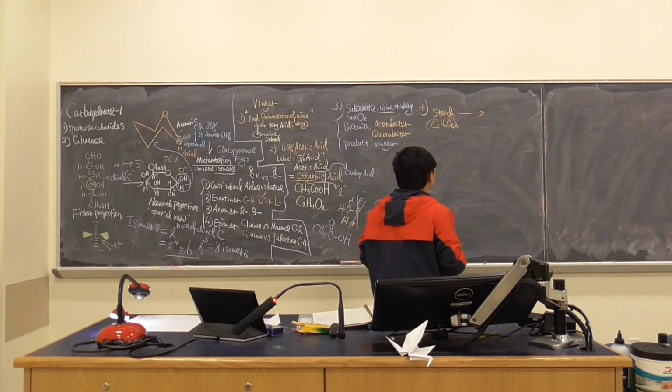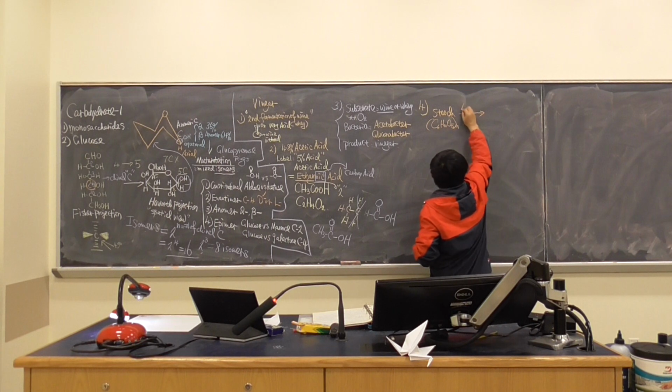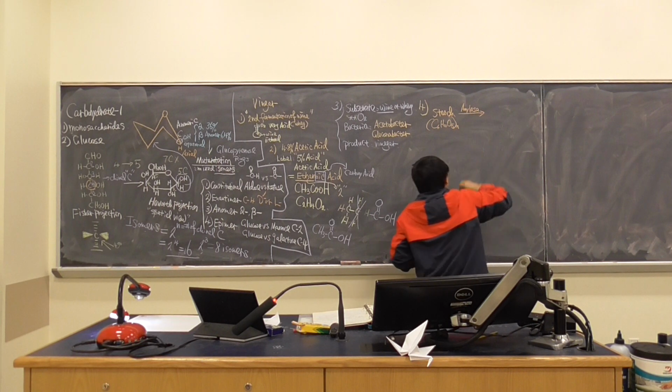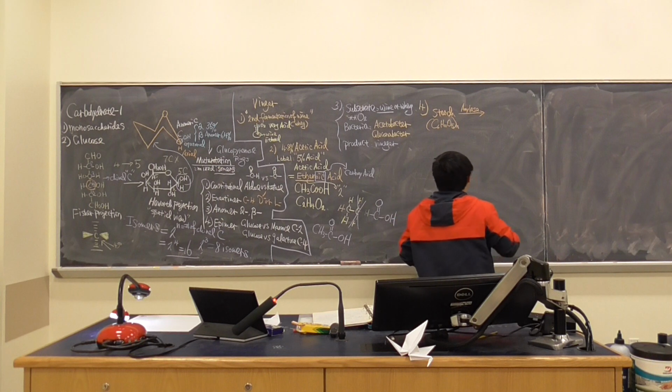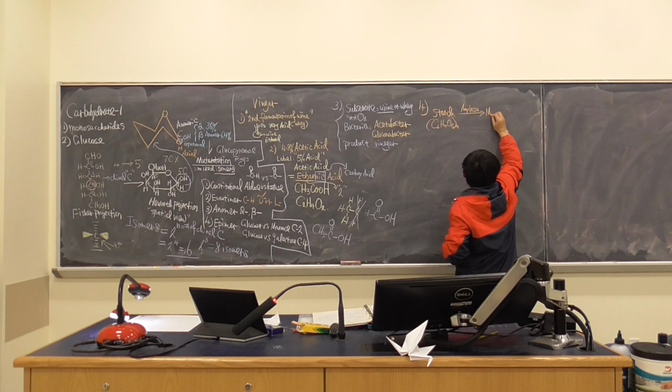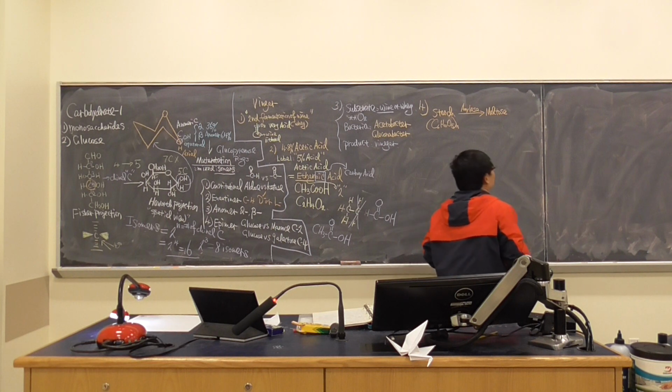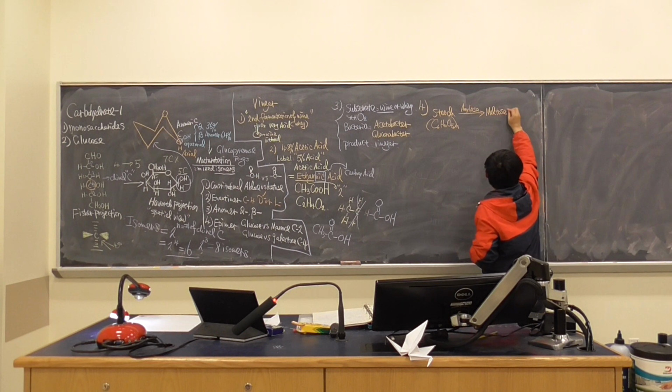So we need some kind of enzyme. The enzyme is called amylase. Everybody knows this. Then it becomes what? It becomes maltose. Maltose is two glucose combined together. And later on it is hydrolyzed more and becomes glucose.